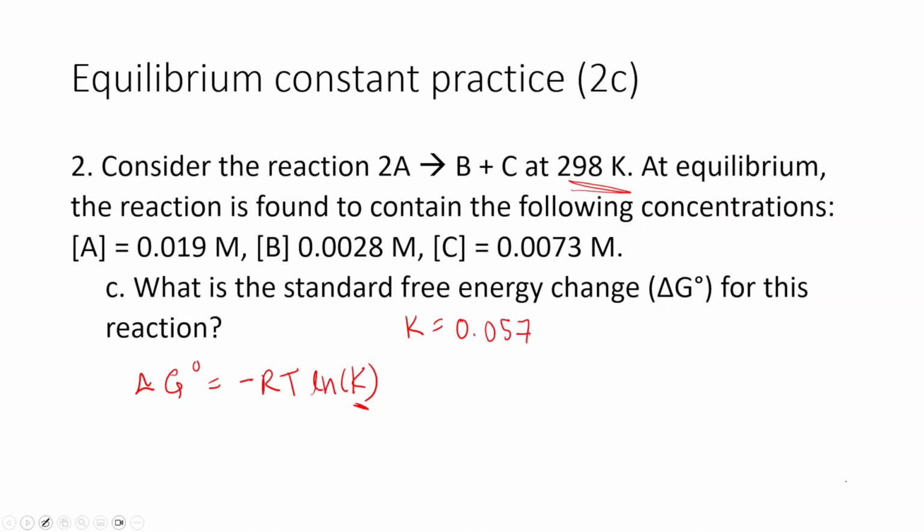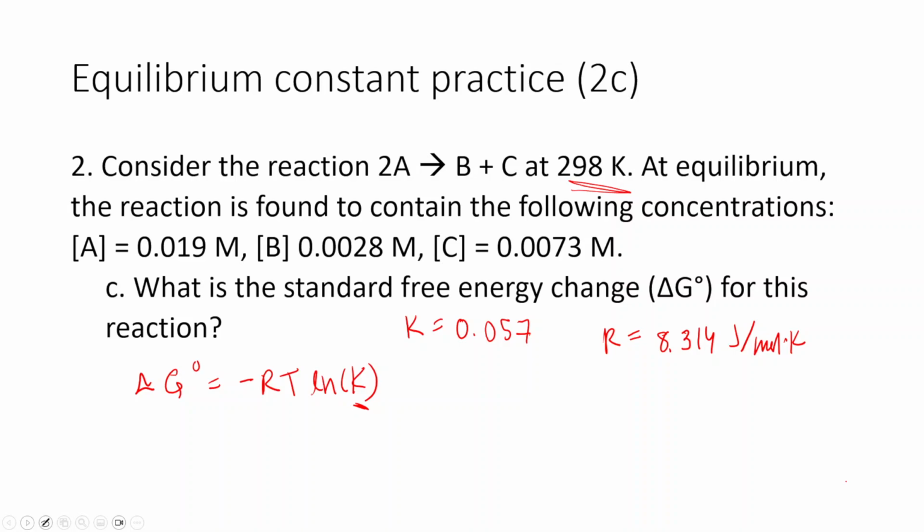And then we need R. So where do we get R from? R is a constant. Yeah, so R equals 8.314 joules per mole Kelvin. And that's something that you'll always be given on quizzes and exams. You don't have to remember the value of R.